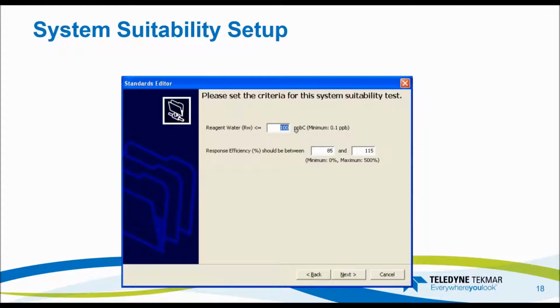You could change it to 500 ppb to do that other testing as well, but I like to keep it at 100, because really your system shouldn't be operating above 100 parts per billion. The Fusion doesn't typically have reagent water coming back above 100 parts per billion. And the response efficiency should be between 85 and 115%, which is what the method says. You do have the option to change it, but if you want to follow 643, you should not change that.